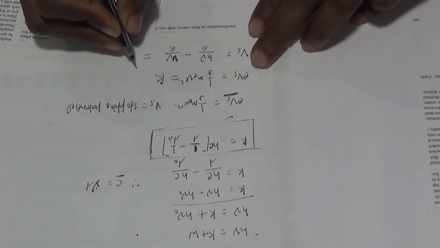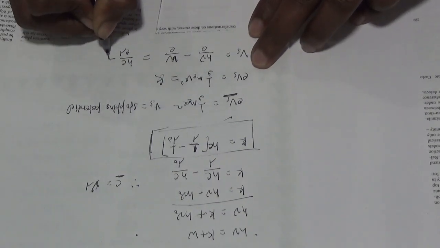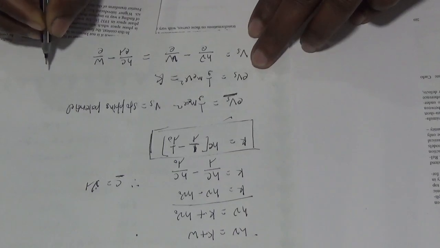In other words, Vs is equal to hc upon e lambda minus W upon e.